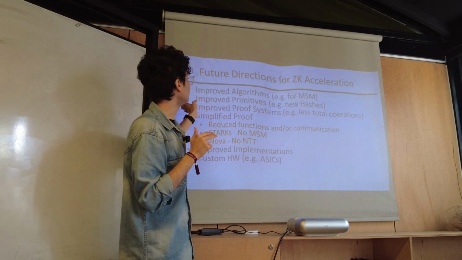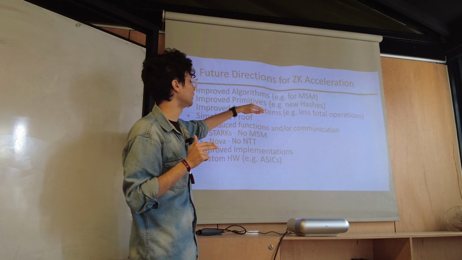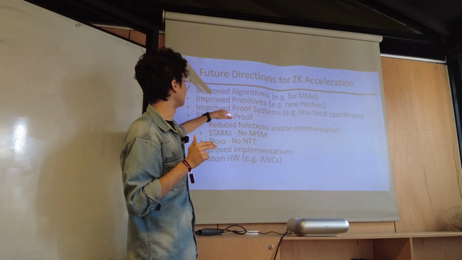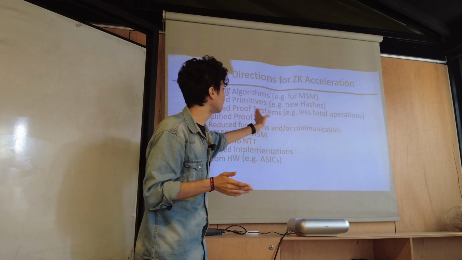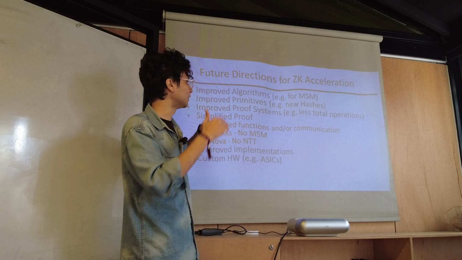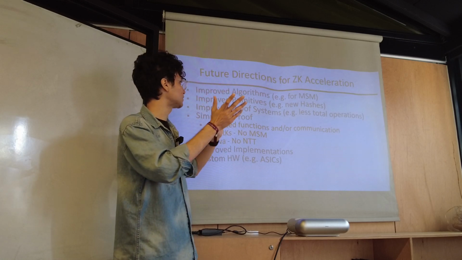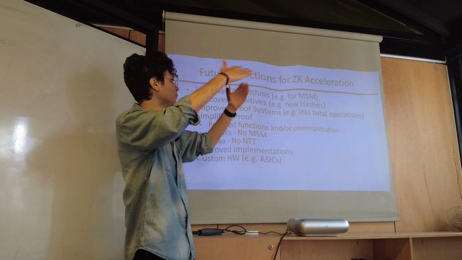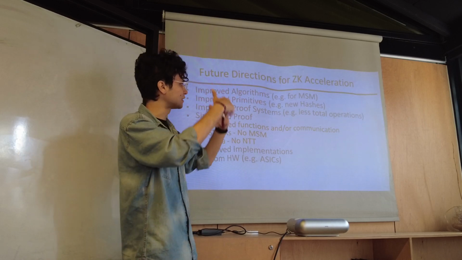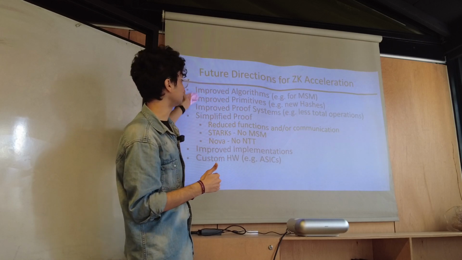You can probably have better algorithms and implementations for the low-level primitives. There is always room for improvement in the underlying proof systems themselves, so you can have a lower number of operations. Rather than a proof system taking maybe 10 MSM operations, you can optimize that to take fewer operations. These are some research areas.